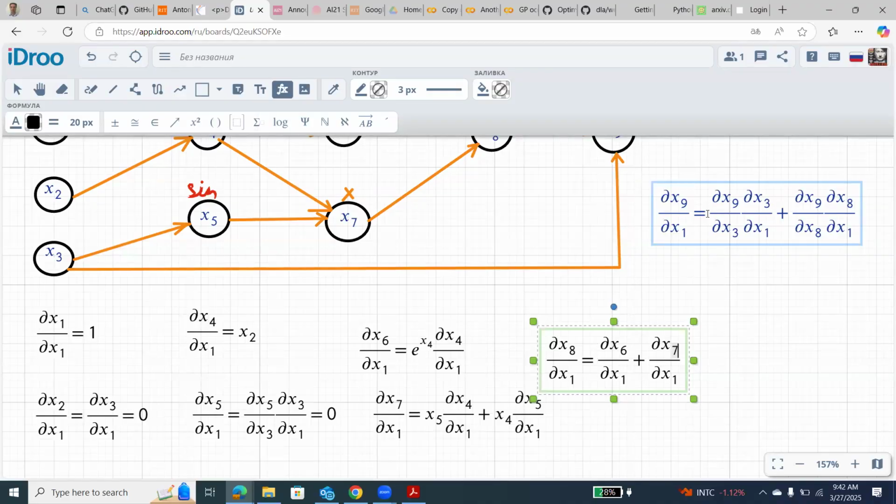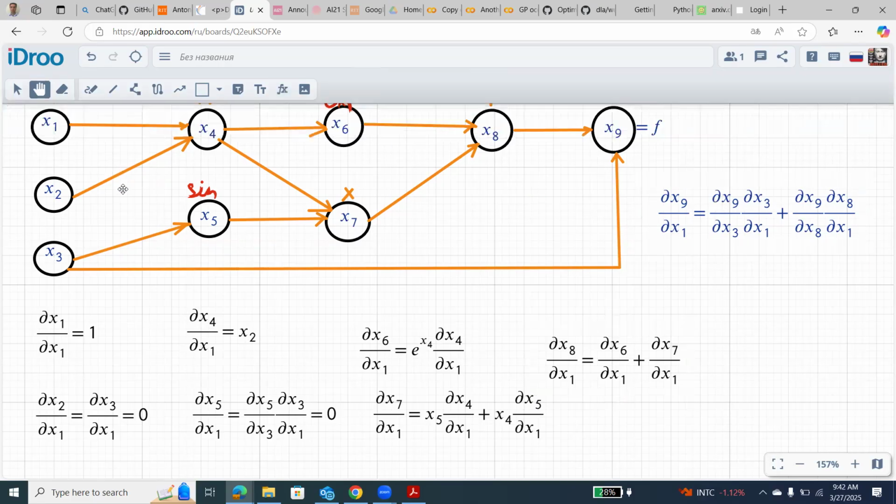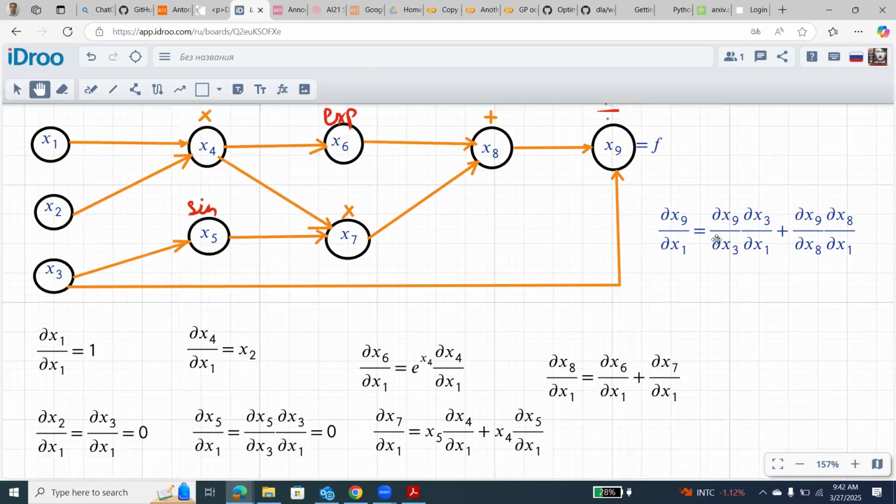And finally, what is the derivative of this division? So we divide x3 by x8. Or no, we divide x8 by x3. Let's see. The derivative with respect to the denominator: the derivative of 1 over x is negative 1 over x squared.